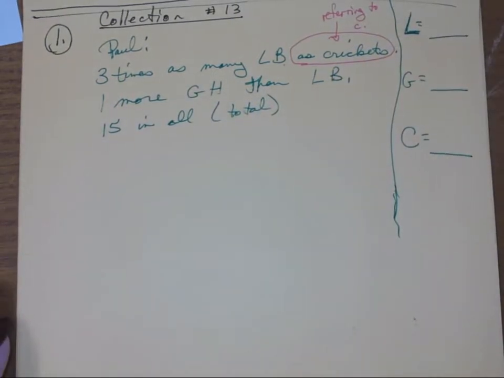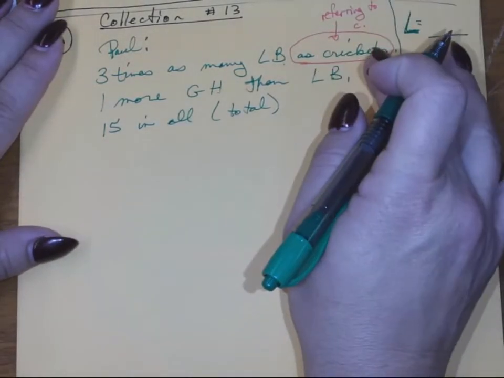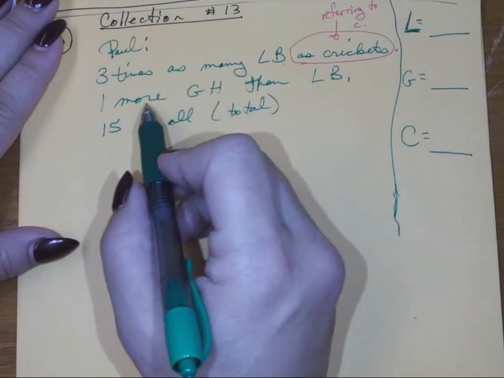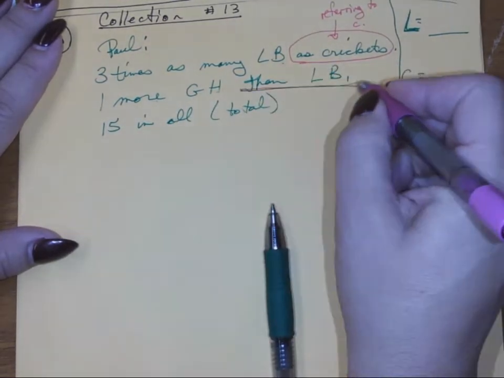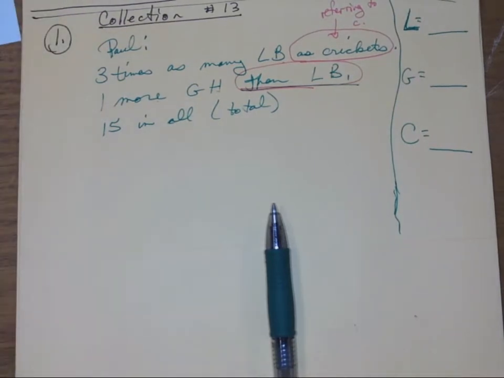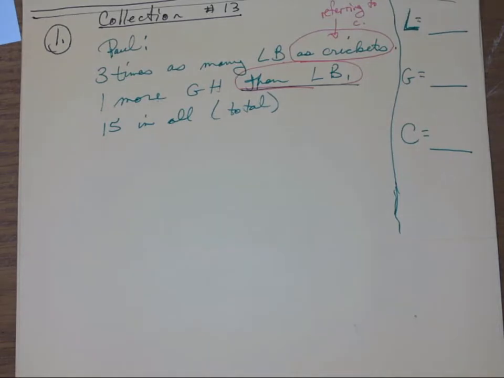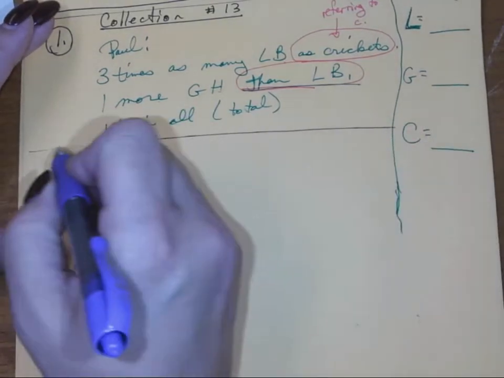Here, my crickets is what I'm referring to with the ladybugs. And then I have 1 more grasshopper than ladybugs, so the grasshoppers are being referred to in terms of the ladybugs, right? So actually there's several different ways you could do this. With the algebra, I'm going to make the crickets be my unknown.